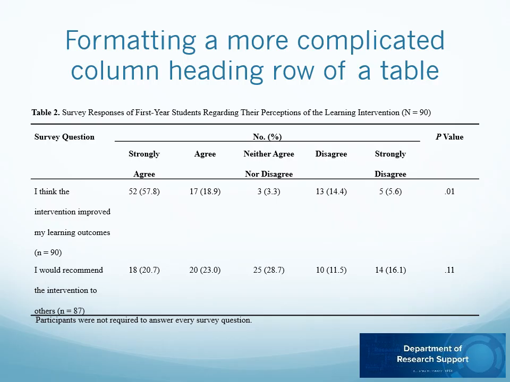This notation is used in tables when you have reported data for a specific variable that does not correspond with the total number n of the sample. However, if you have to use this notation in a table, it has to be used for every reported study variable. In some cases, like the first survey question, your lowercase n may be equal to the total n of 90.